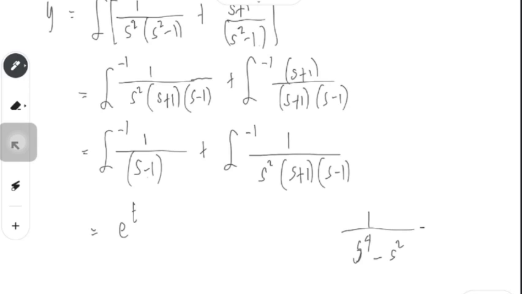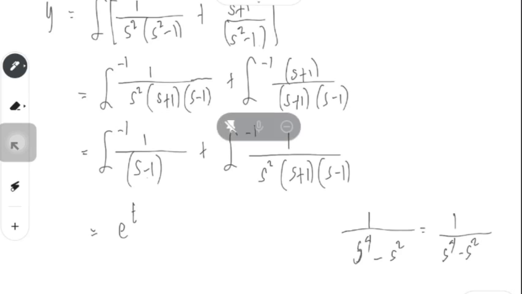Yeah. Ito yung magiging 1 all over s to the 4th. Ang completing the square applicable when the exponent of the second term is 1/2 the exponent of the first term. And s squared, the exponent is 2. 2 is 1/2 of 4. Pwede, no? So ito yung magiging s to the 4th minus s squared.